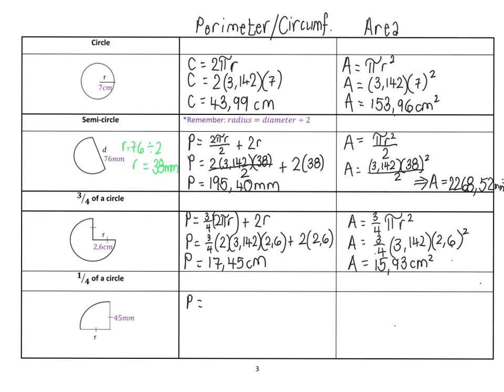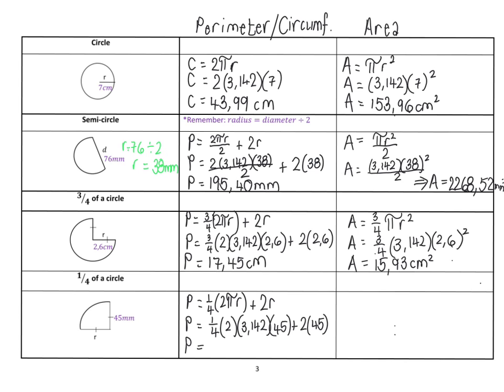So this is 1/4 of 2 pi r plus 2 radii. And then if we substitute, it's 1/4 multiplied by 2, multiplied by pi's approximation 3,142, multiplied by the radius, this time being 45 millimeters, plus 2 times the 45 millimeter radius value.